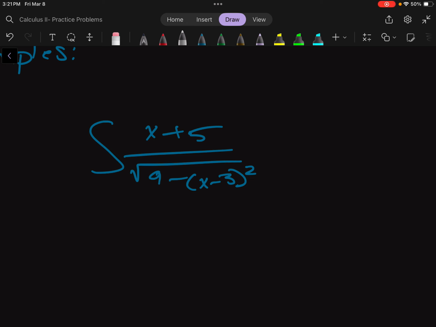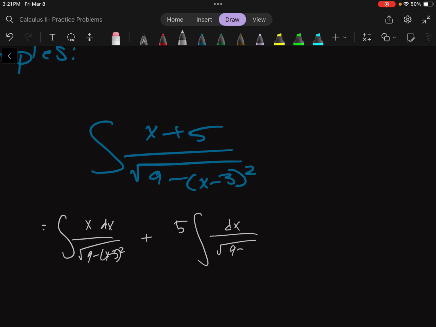So we're going to rewrite this as the integral of x dx over the square root of 9 minus x minus 3 squared, plus 5 integrals of dx over the square root of 9 minus x minus 3 squared. So this one is going to turn into an arcsin, because we have a square root of a squared minus u squared. As long as we call this our u, it should work out.